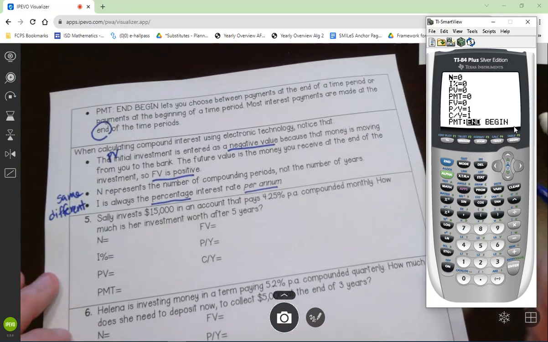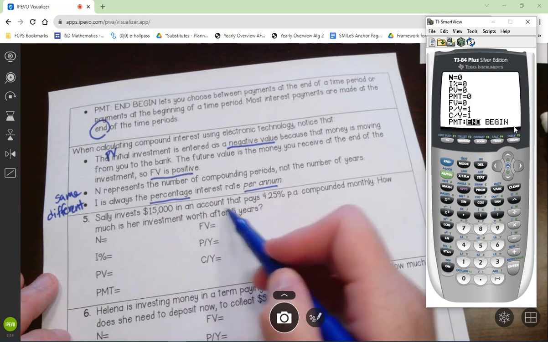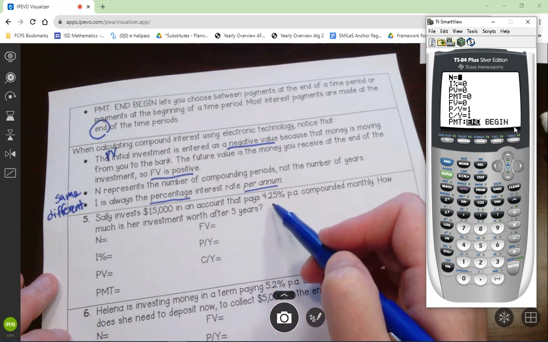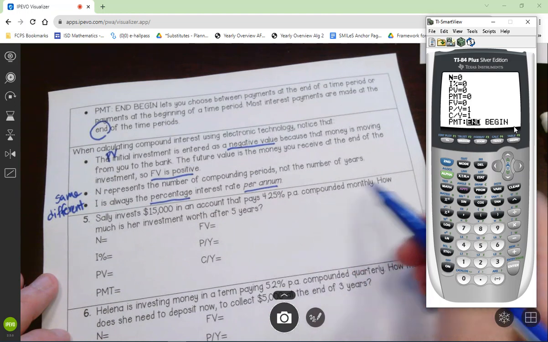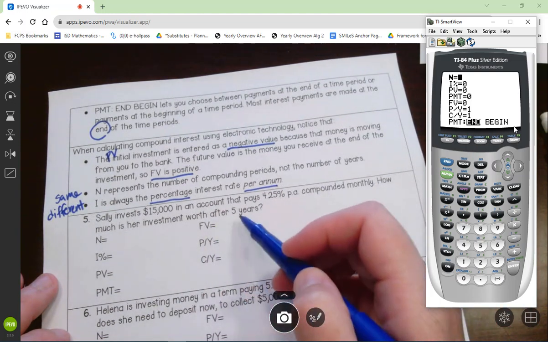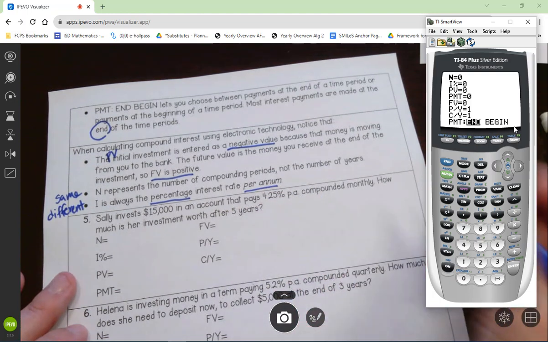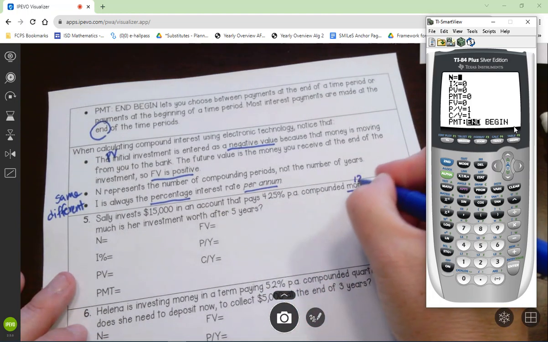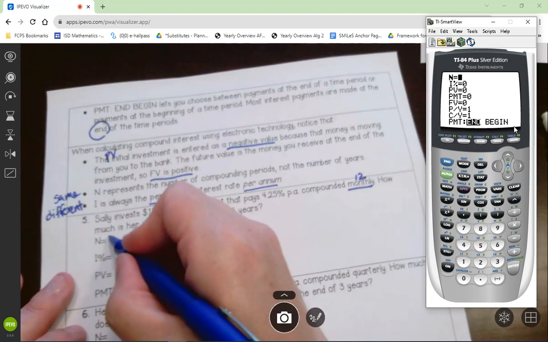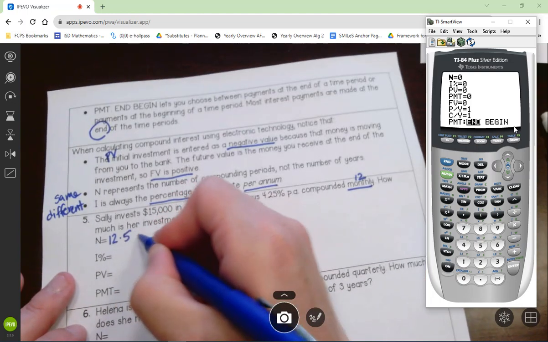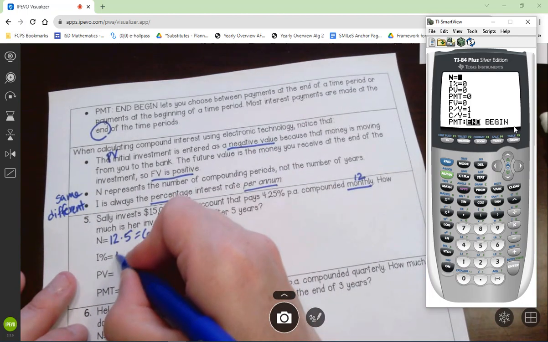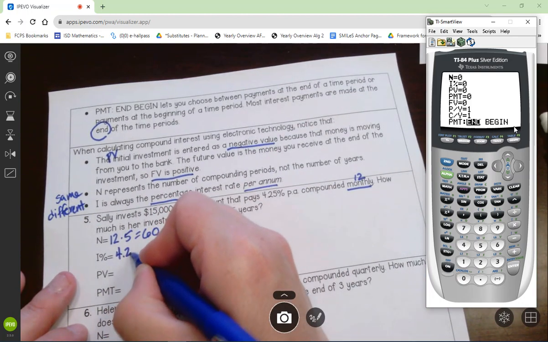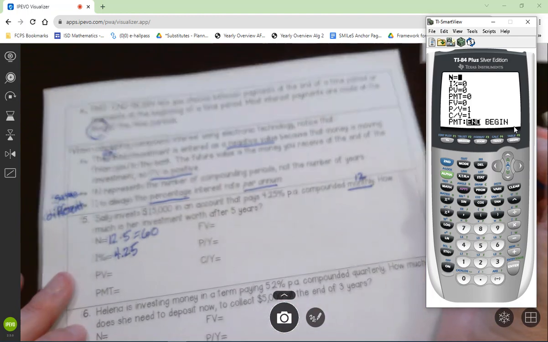Sally invests $15,000 in an account that pays 4.25% interest compounded monthly. How much is her investment worth after 5 years? So N is the compounded periods, it's monthly times 5 years, so 12 times 5, that's going to give us 60. The interest rate is written as a percent, per year, so 4.25.